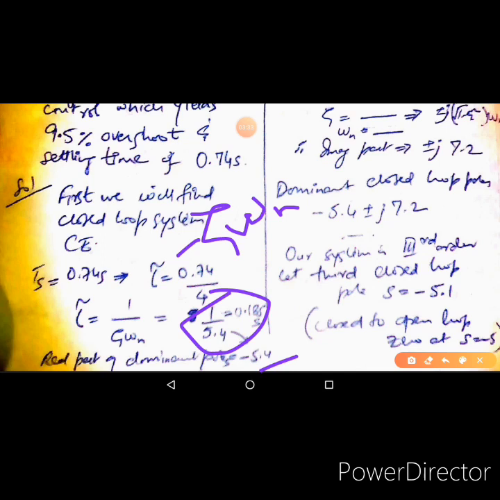We can't keep the closed loop pole on the right hand side and make the system unstable. So we directly get the real part of the dominant closed loop pole from zeta omega n, which is the time constant, and time constant is obtained from settling time.